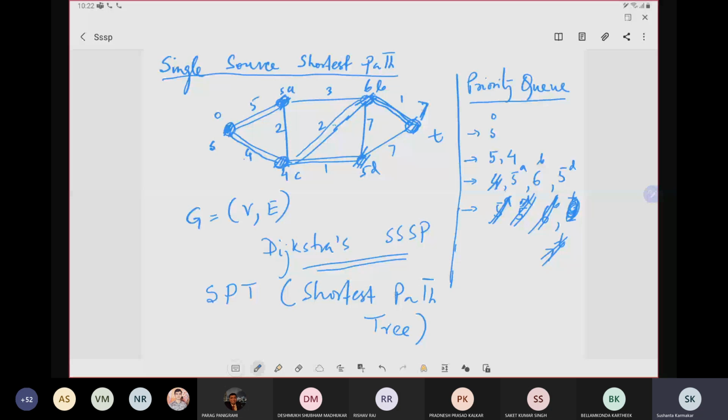So you take it out and then try to update the distance of all its neighbors. Okay, and then after that you insert all of them into the priority queue, so that next time you can extract the node at the minimum distance.